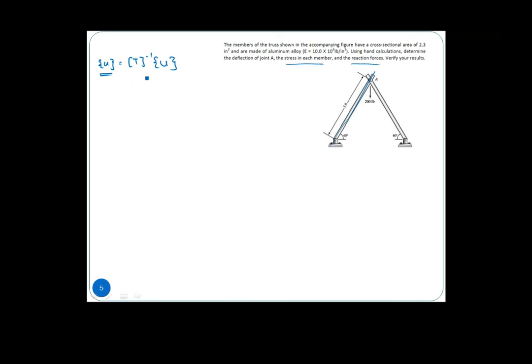So where our T inverse equals to T transpose equals to cos theta, sine theta, negative sine theta, cos theta, 0, 0, 0, 0. Right, so you can use this, right?